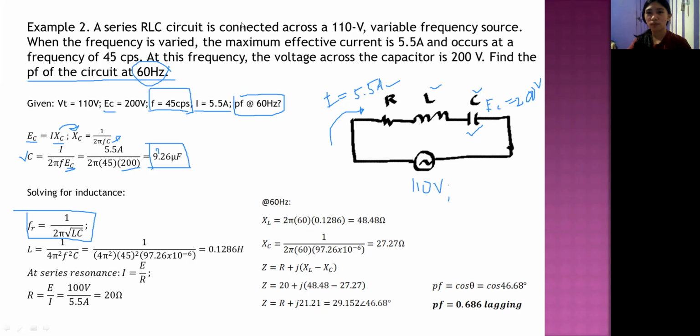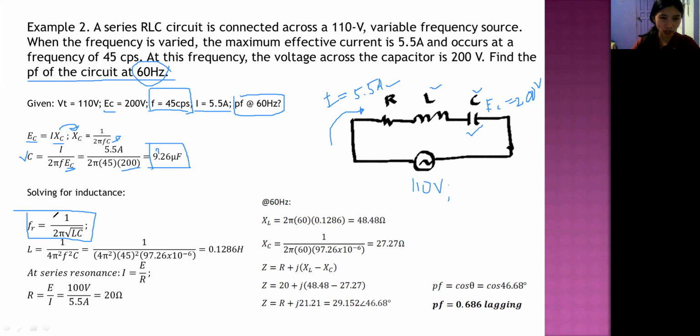So if the current is given as maximum, it means that it pertains to the resonance, or series resonance. In which we have the formula for resonant frequency, which equals 1 over 2 pi times the square root of the capacitance times the inductance.